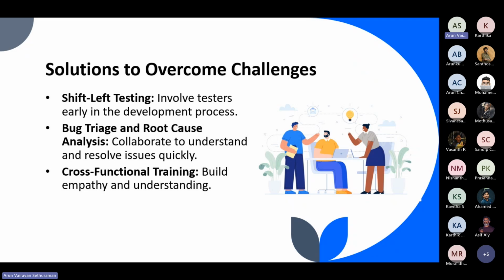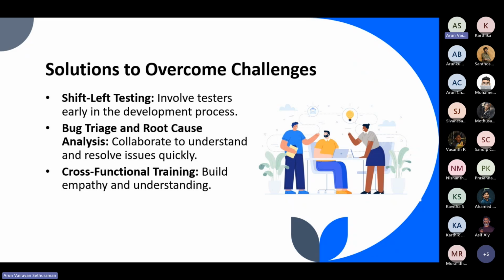Why is it happening in production? It should be tested in the development environment itself, during the development, not on staging or other environments. When the development happens, at that time itself you have to do the testing. Then you can reduce the cost and time as well. This comes under shift left testing.